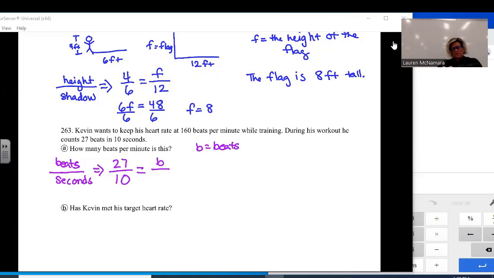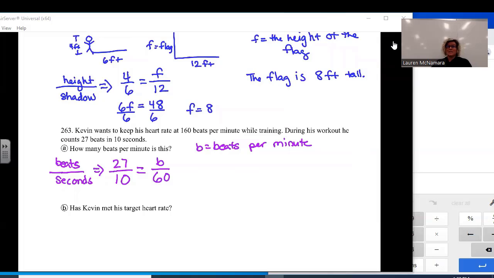B is equal to beats per minute. But I have it over seconds. So right now, I have to change my minutes to seconds, which means it's 60 seconds in 1 minute.